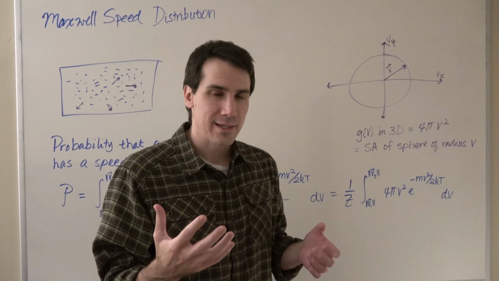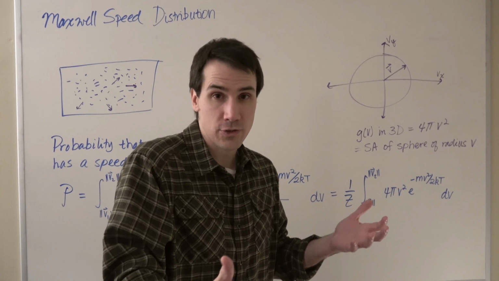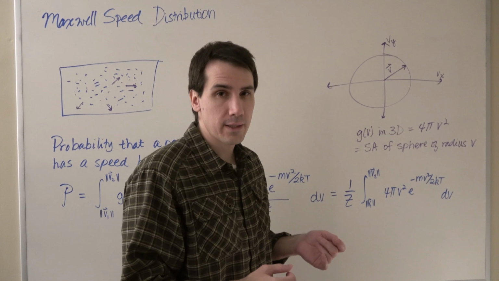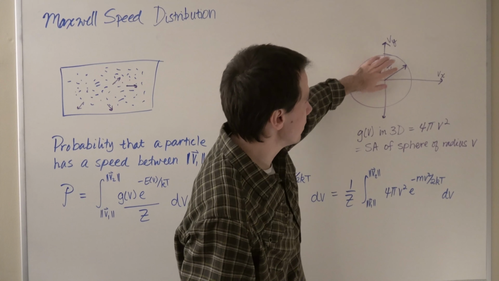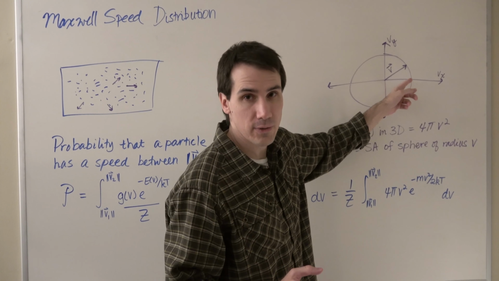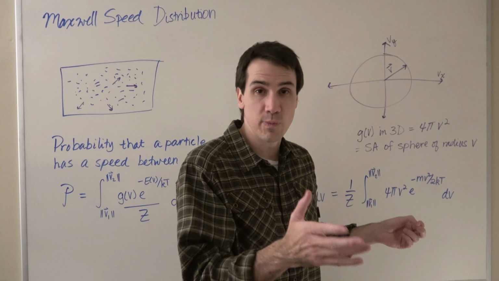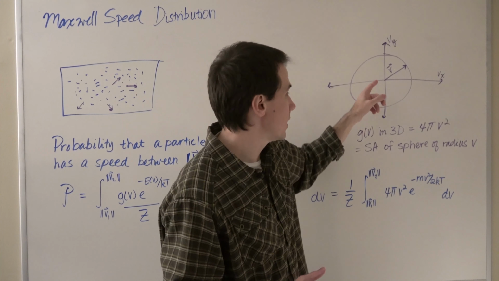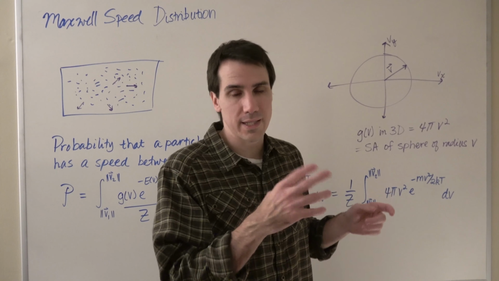My question is, how many possible vectors are there that have a speed of 20 meters per second? Well, here's one possible vector, but there's another vector that points only in the x direction, right? That has the same speed, 20 meters per second. There's another vector that points only in the y direction, and another one that points over here, etc.